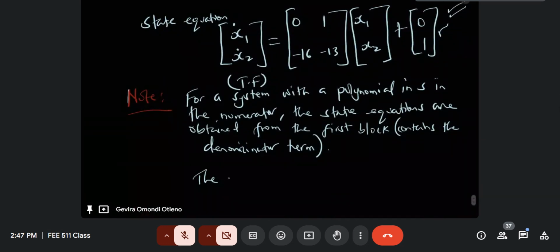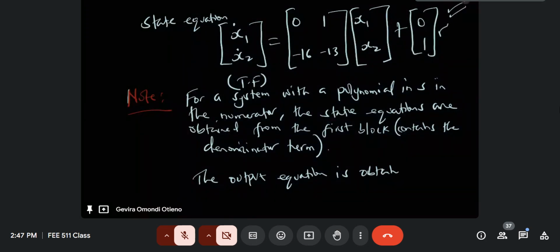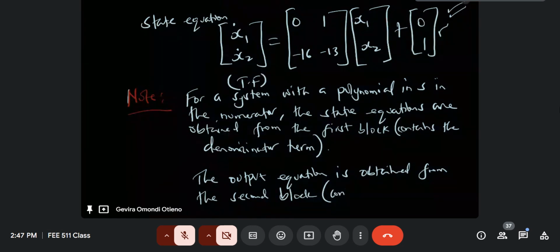The output equation is obtained from the second block, the second cascaded block, and that is the one containing the numerator term.